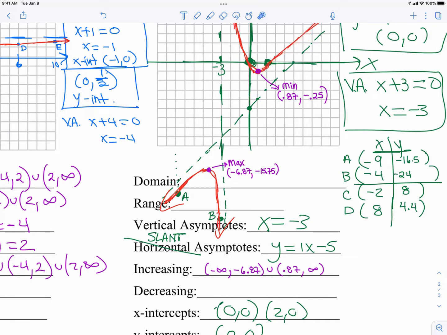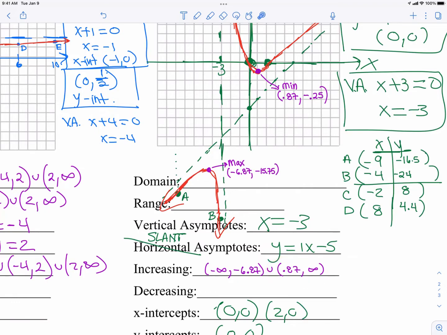So increasing is negative infinity to negative 6.87, union 0.87 to infinity.